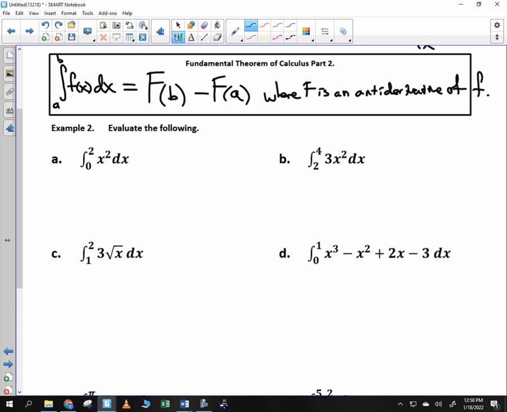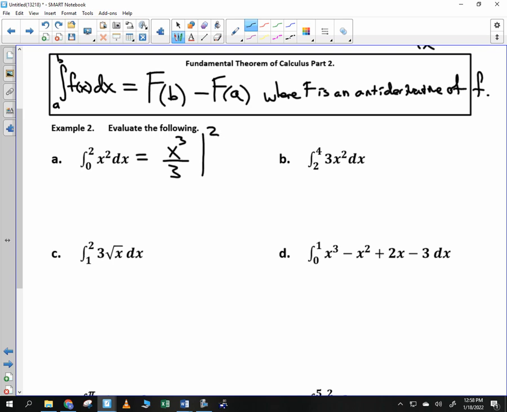In order to evaluate this, here's all you have to do. What's an antiderivative of x squared? X cubed over 3. And here's how we show that we're evaluating it at 0 and 2. We draw a line on the side.